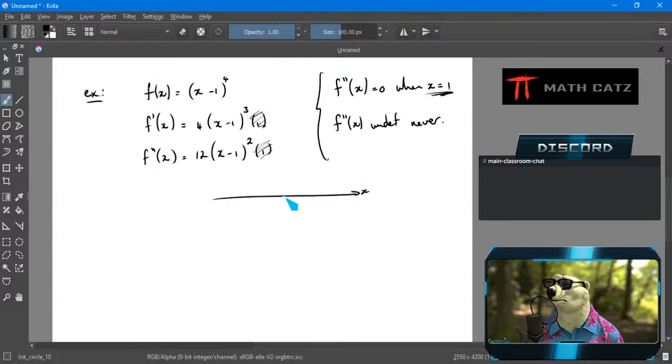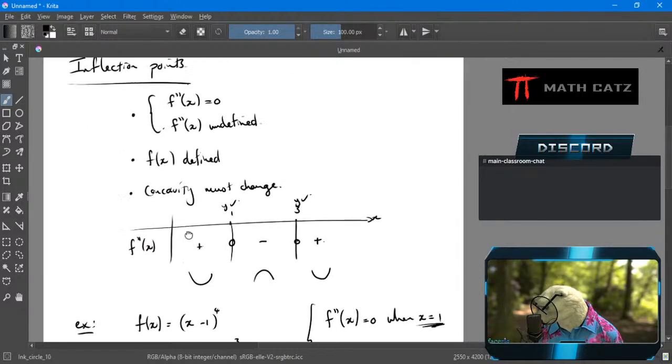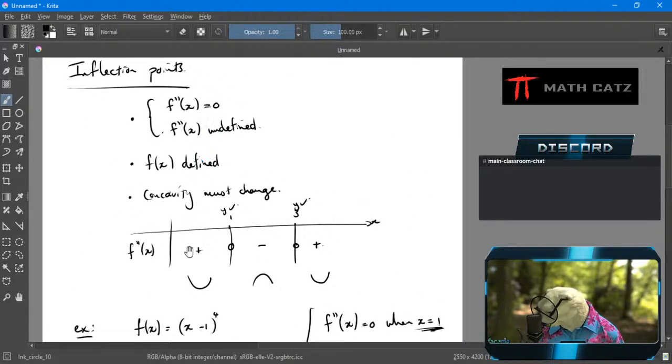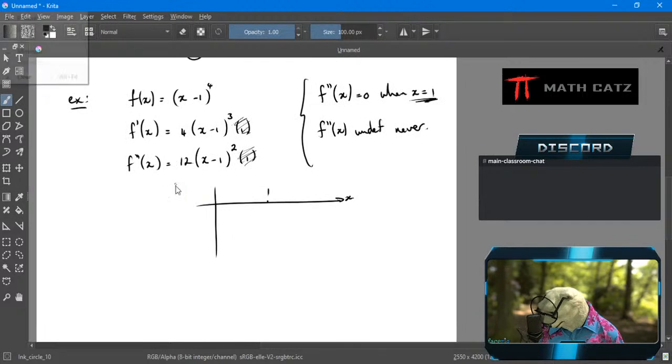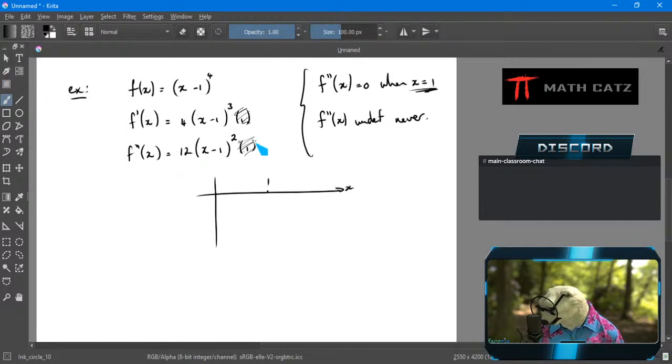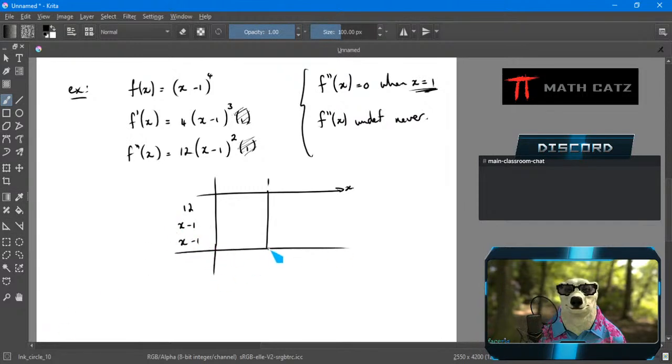I don't know if it's an inflection point yet, because I've only checked the first part. But it's definitely a potential inflection point. I list everything: a 12, and two factors of x minus 1, and together they give me the second derivative.